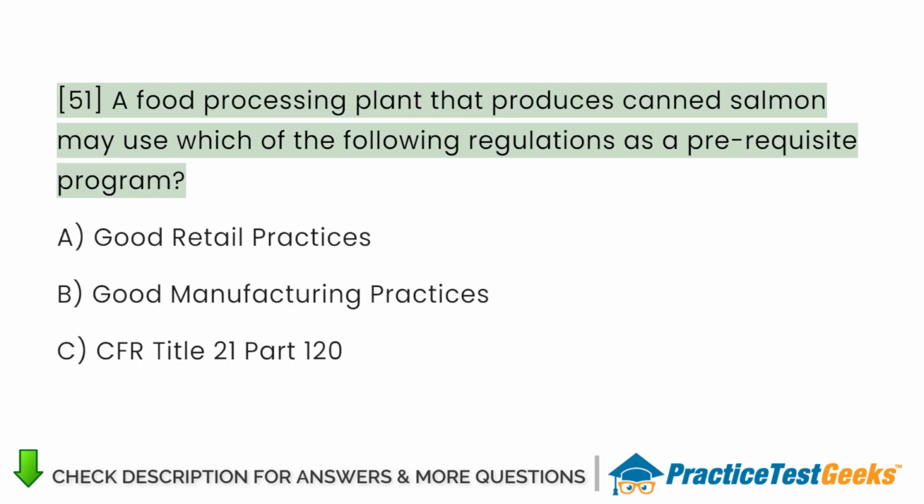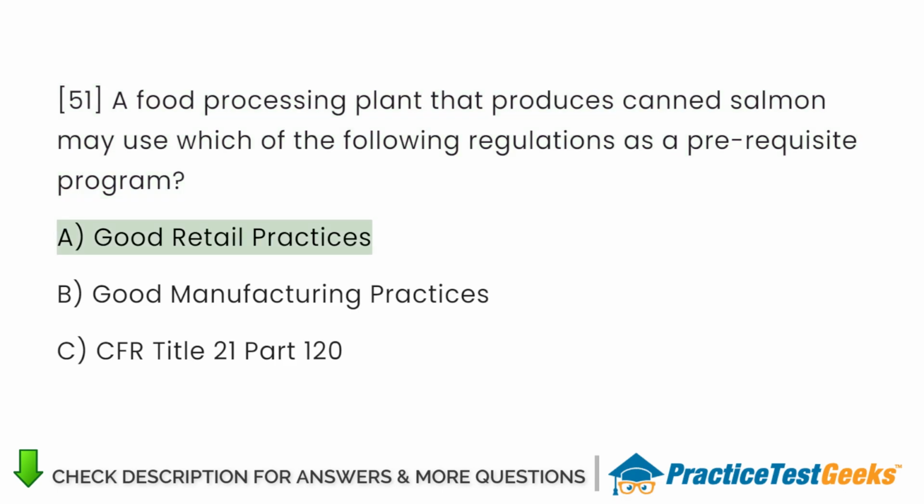A food processing plant that produces canned salmon may use which of the following regulations as a prerequisite program? A. Good retail practices. B. Good manufacturing practices. C. CFR Title 21 Part 120.